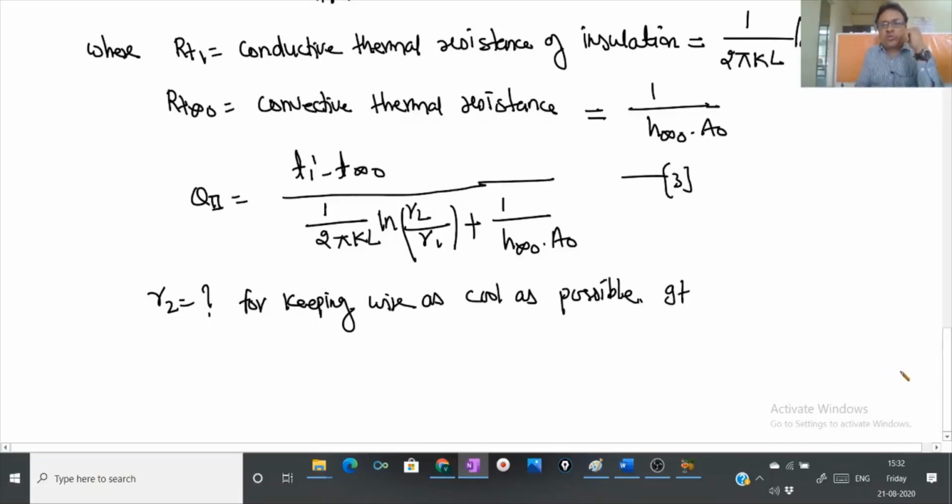The wire will be cooled as much as possible only if the heat transfer rate is maximum.